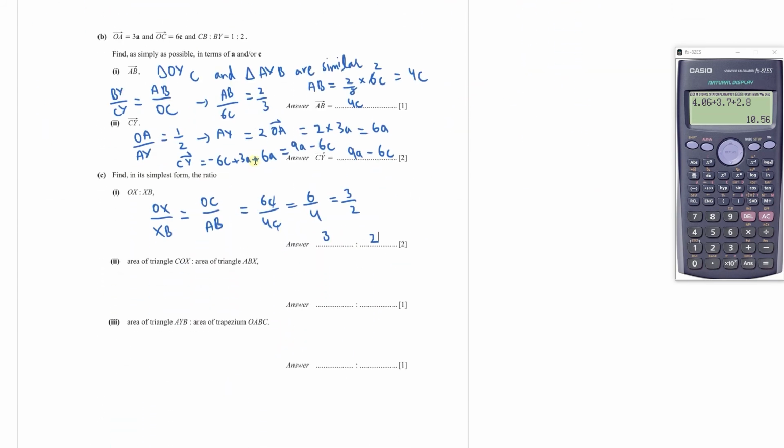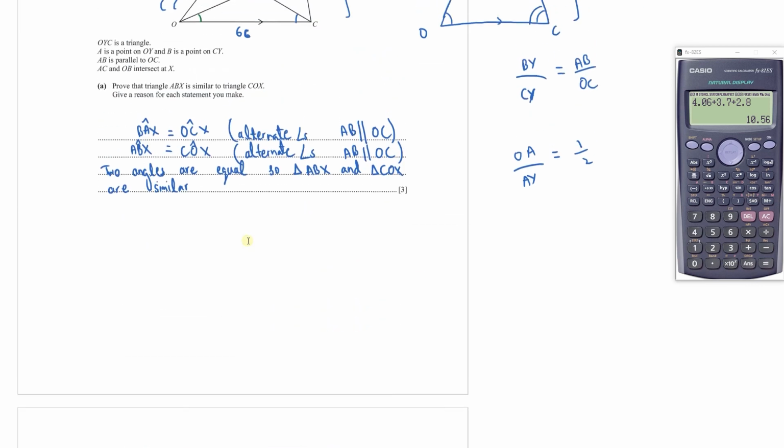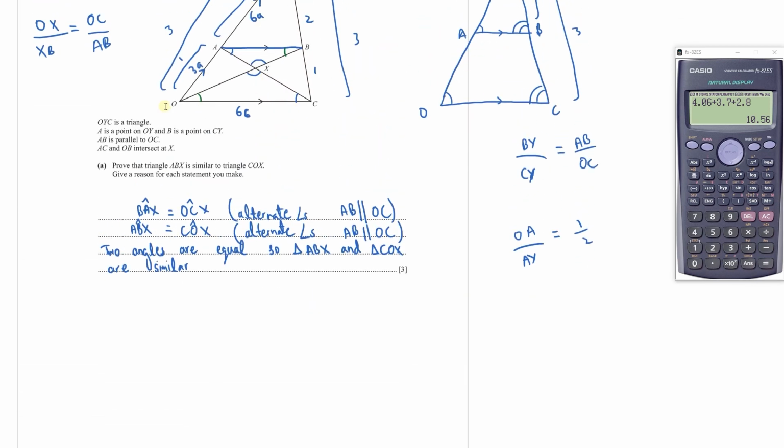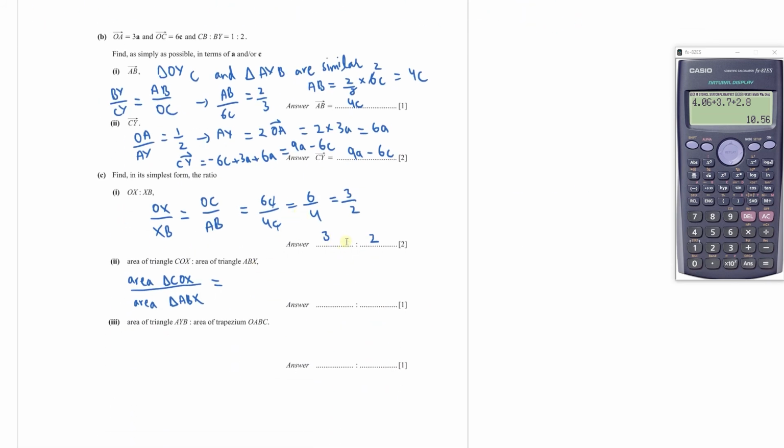So area of triangle COX over area of triangle ABX. Let's take their corresponding sides. So the first is COX. We can actually use this ratio here that we already calculated. So OX over XB is 3 ratio 2.